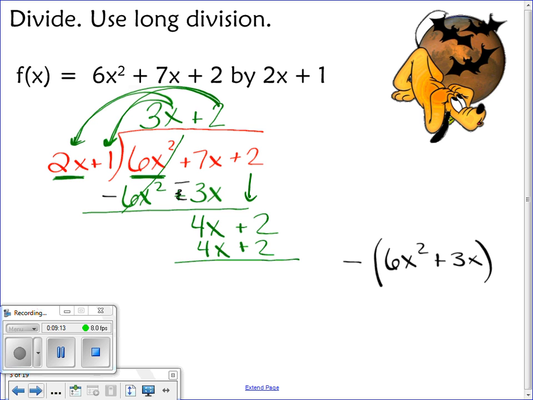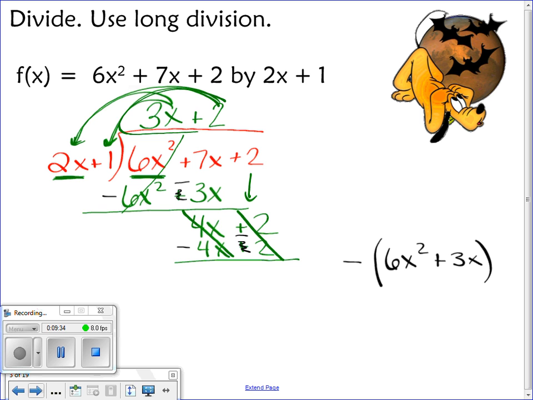And then our next step is to subtract, or in other words, instead of saying subtract, I'm going to tell you to change your signs. It is subtracting, but that's how we change our signs. So that cancels. And this cancels. My remainder is nothing.